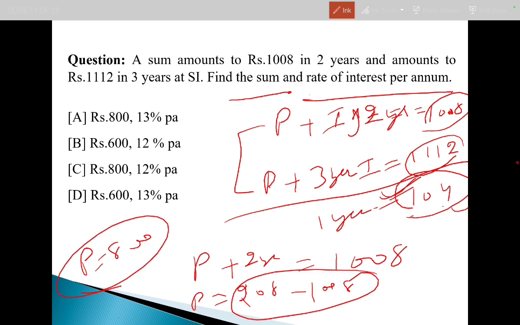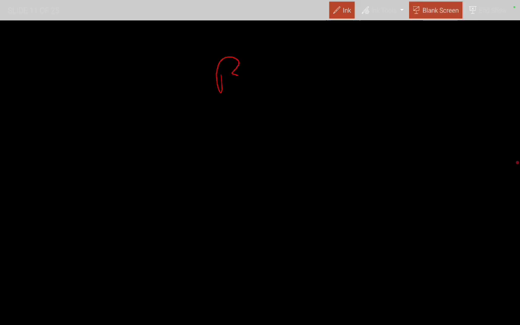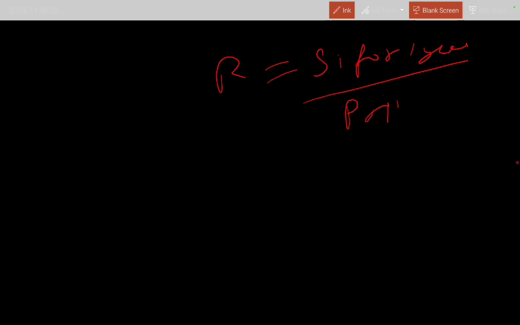Now I have to figure out the rate of interest. Let me tell you, for the rate of interest there is a simple formula. Whenever you need to figure out the rate of interest, you can use SI for 1 year divided by principal. In this question, SI for 1 year is 104 and the principal is 800.